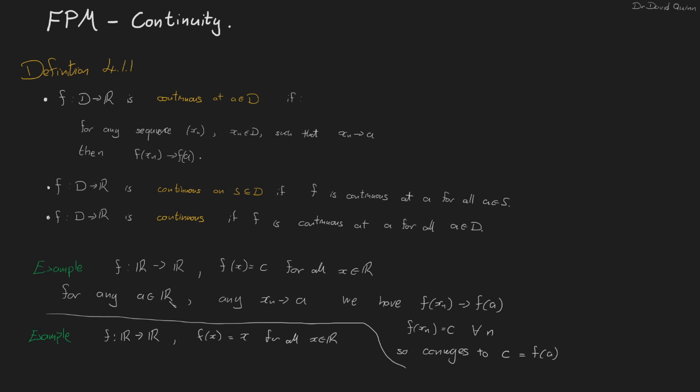For any a real number, we take a sequence converging to a, so let a be real, xn converging to a, and then I consider the sequence f of xn. Well, f of xn is just equal to xn, and I know that xn is a sequence converging to a, so f of xn also converges to a, but this was the identity function, so this indeed was f of a. So in either case, these are continuous functions.